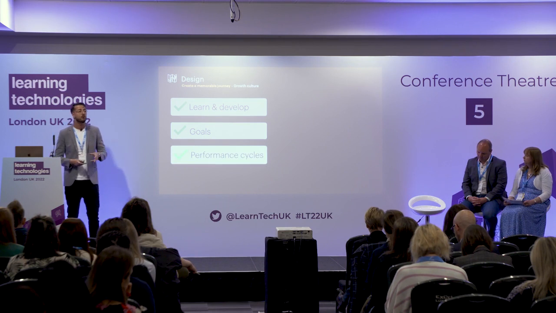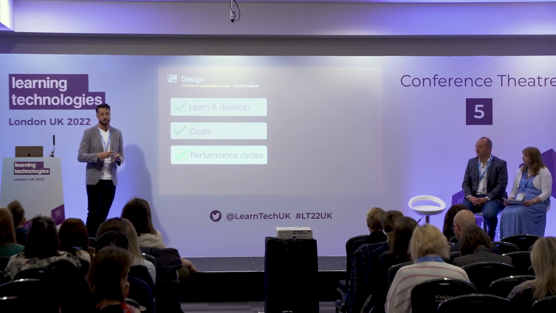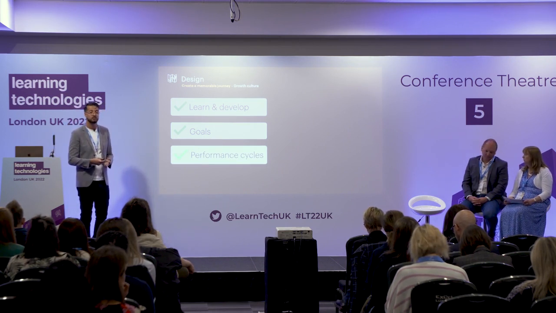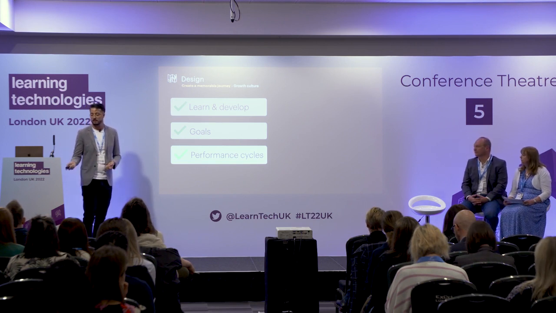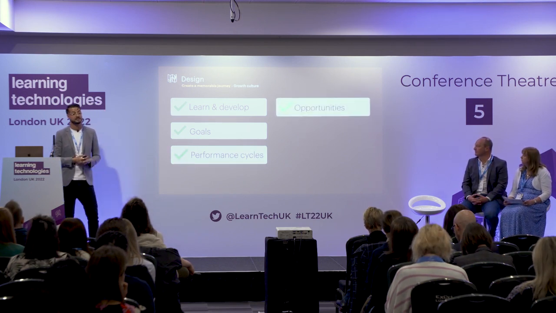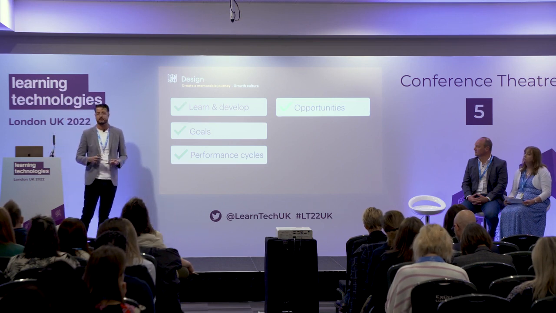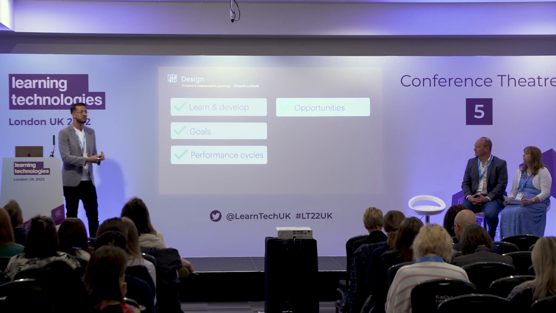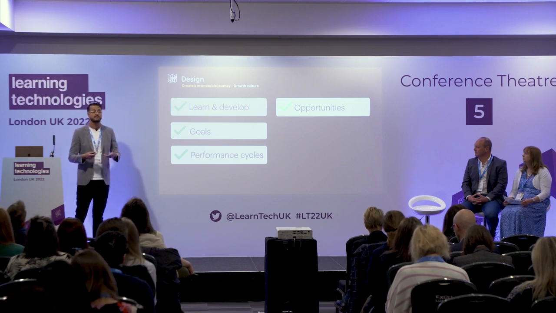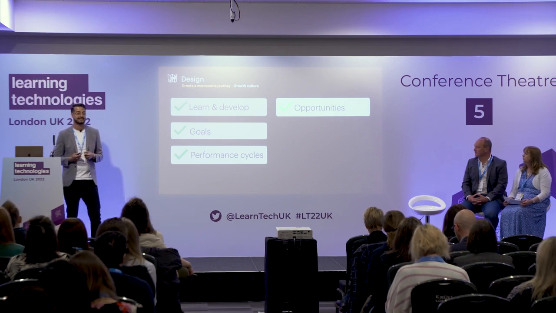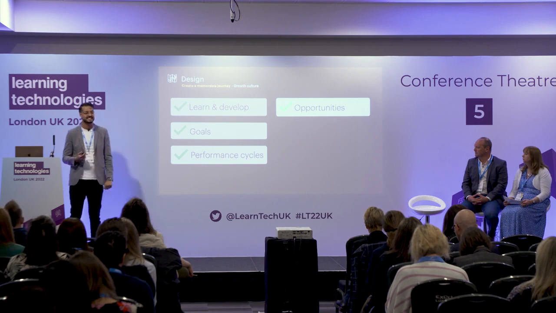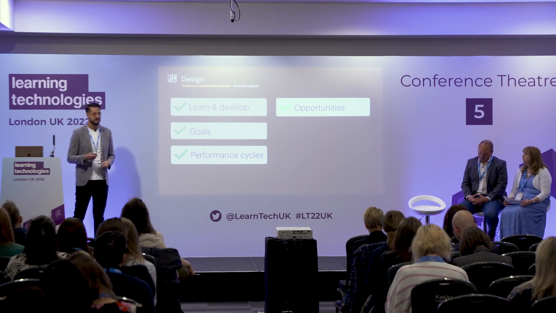Number 3, performance cycles. Make sure they know what it is, where it is, when it happens, and what to expect. Number 4, opportunities. How can they grow in this organization? What career pathing do you have? Internal mobility, global mobility, promotions, how fast can this be? This is exciting. This is what people want, we know this, but advertise it, push it out there.